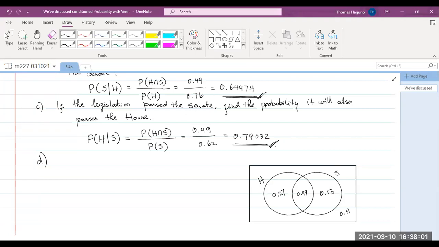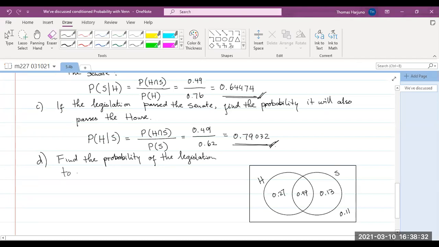Okay, now let's start seeing a harder problem. What is the probability, if I want to find the probability of the legislation to pass the House but not the Senate?